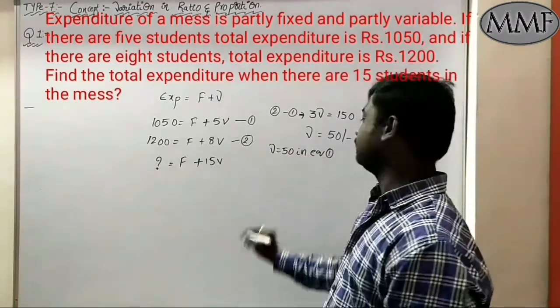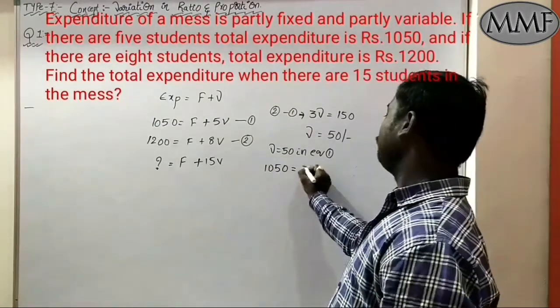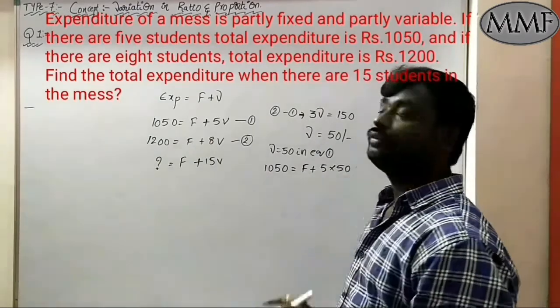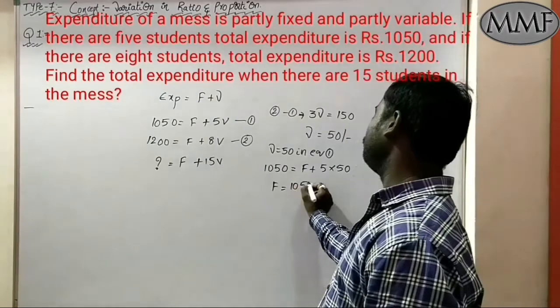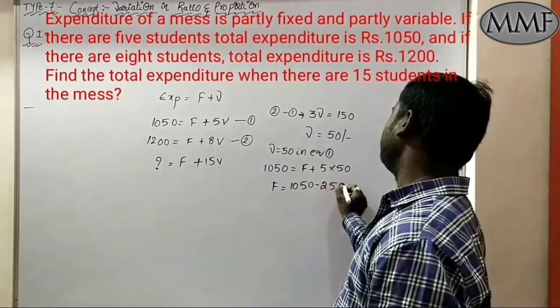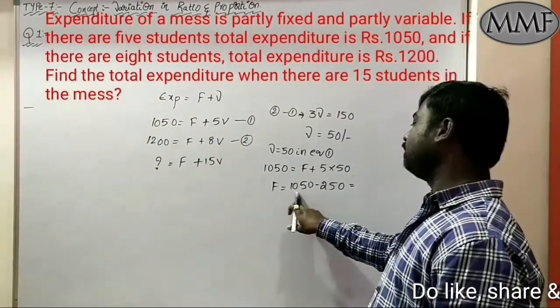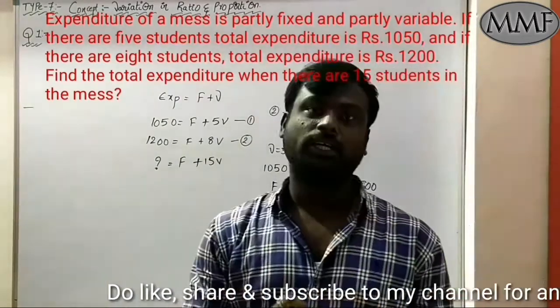What happened? 1050 is equal to fixed plus 5 into 50. 5 into 50, 250. So fixed is equal to 1050 minus 250, which is 800. Now you know fixed, you know variable.